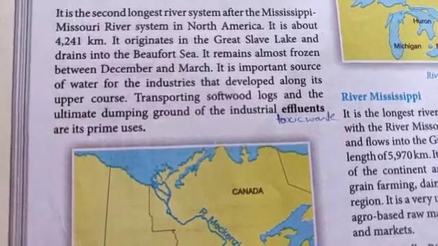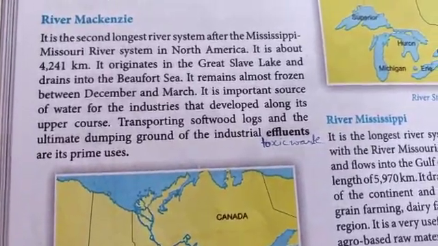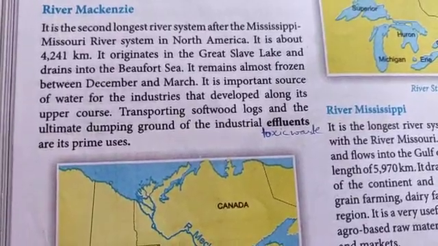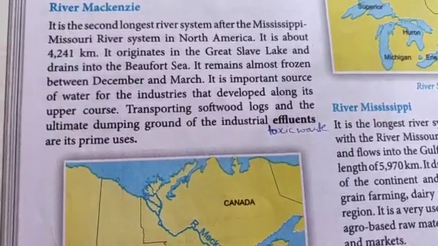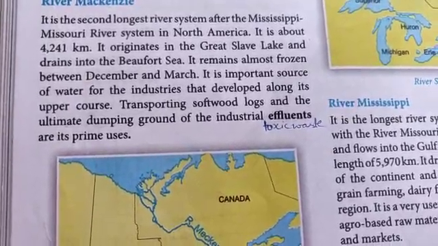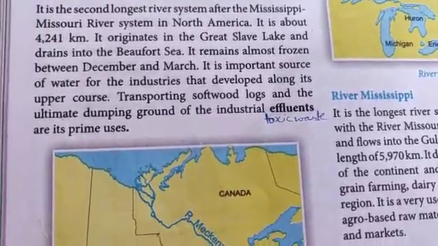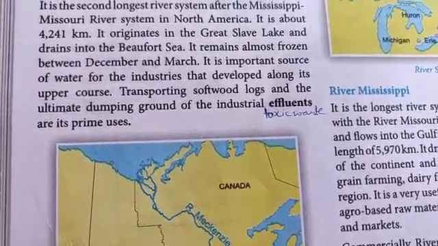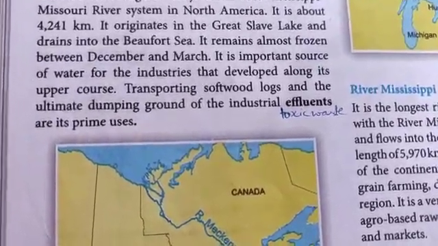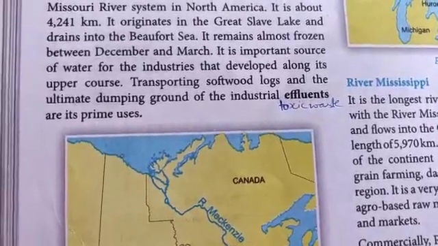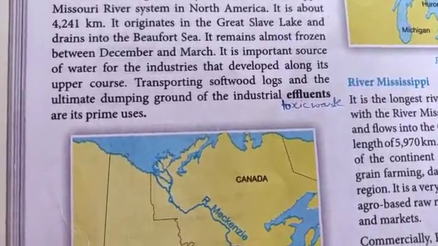So please underline all that. Each and every line over here is important. Transporting softwood logs and the ultimate dumping ground of the industrial effluents are its prime uses. When we are talking about the ultimate dumping ground of the industrial effluents and toxic waste, then we are talking about the river being used negatively.